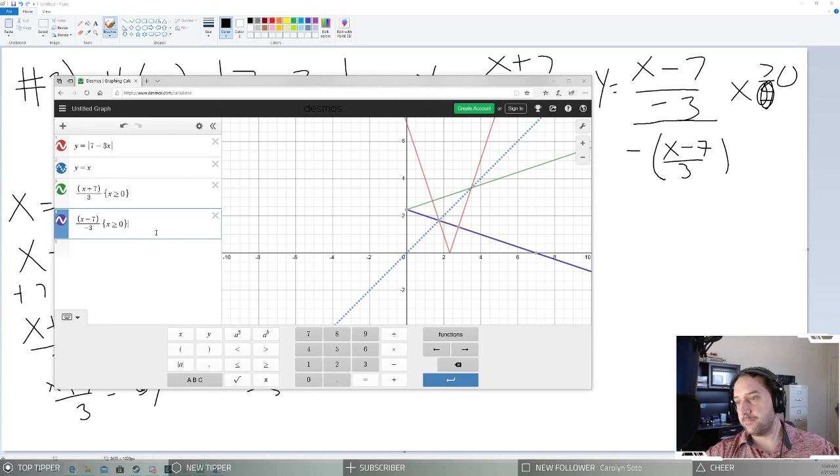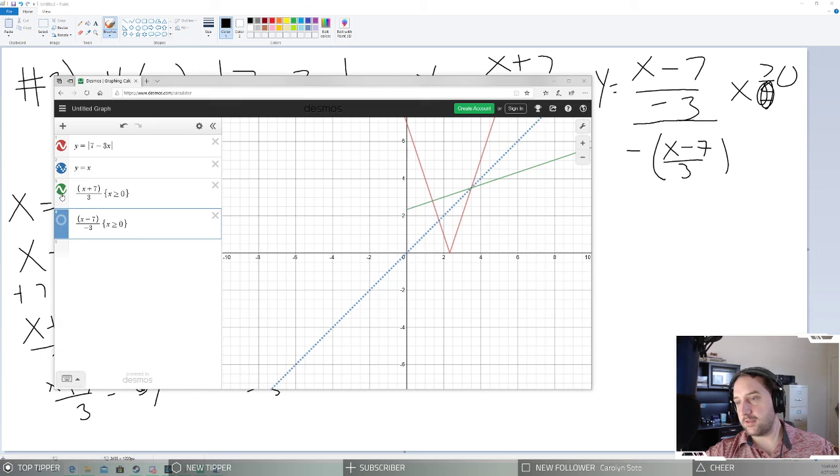I'm going to go ahead and block these graphs out right now. Just visualizing that graph, my range has to be greater than or equal to 0, right? So that y value isn't going below 0.